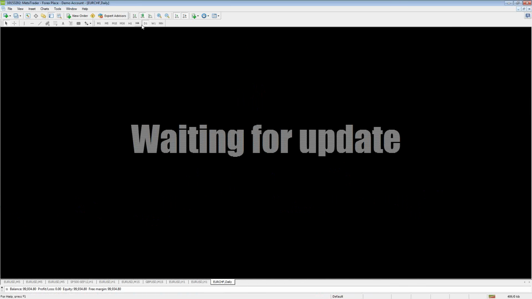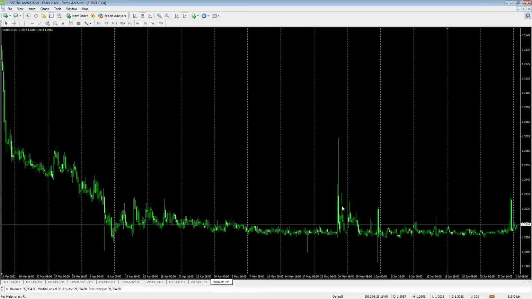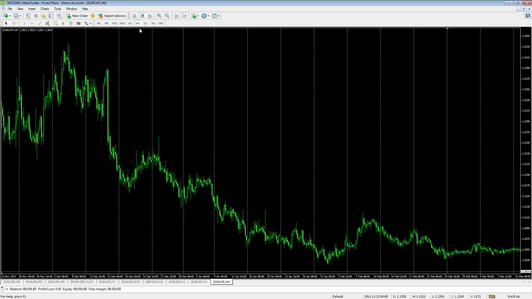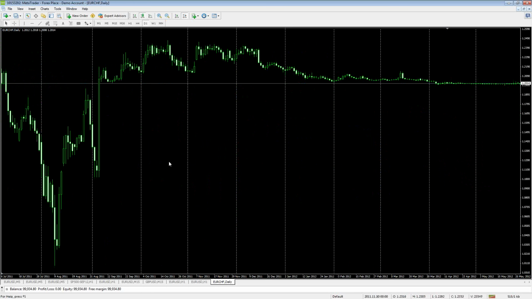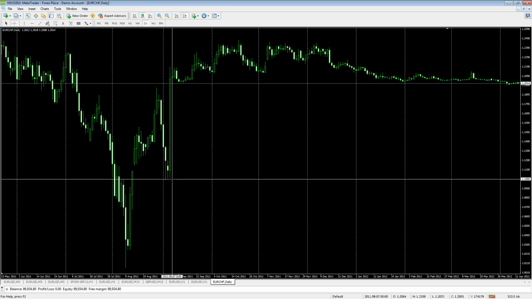Last year, if you remember, the Euro Swiss went flat after the Swiss central bank intervened and declared that it would not let the euro go below 120 against the Swiss. So it was around 110, and within minutes it went up over 1,000 pips.